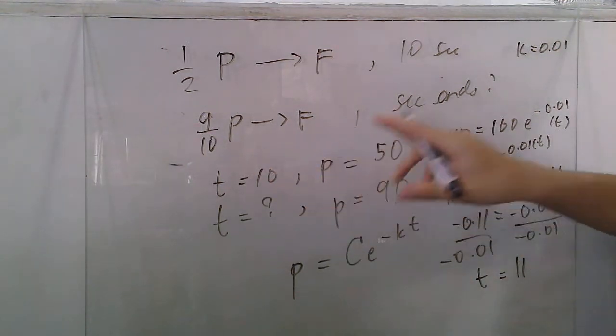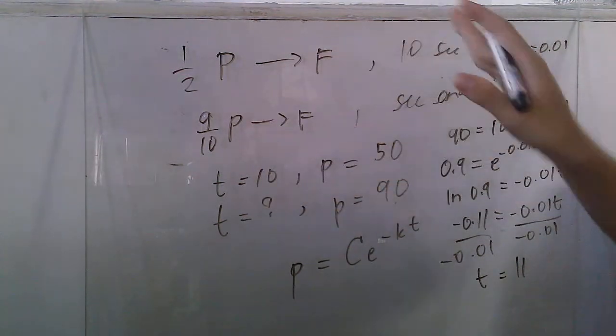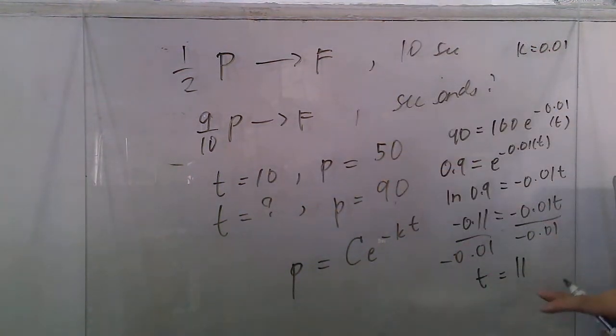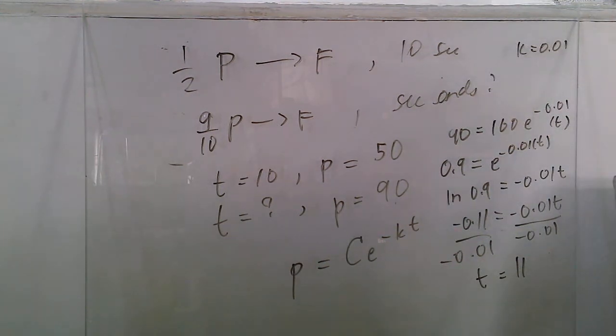So our conclusion is that 9/10 of the population has been converted at 11 seconds, given a conversion factor of 0.01.